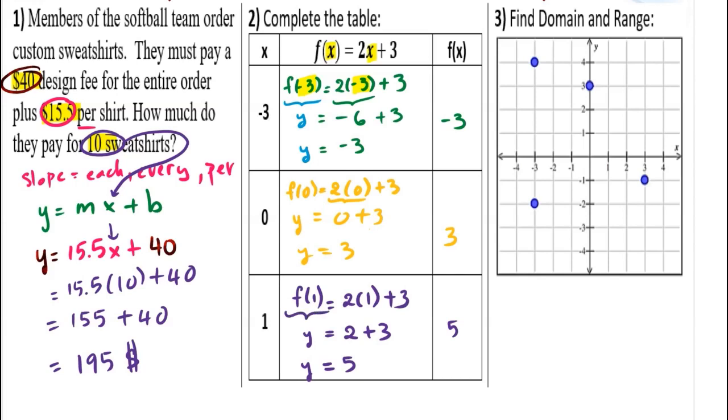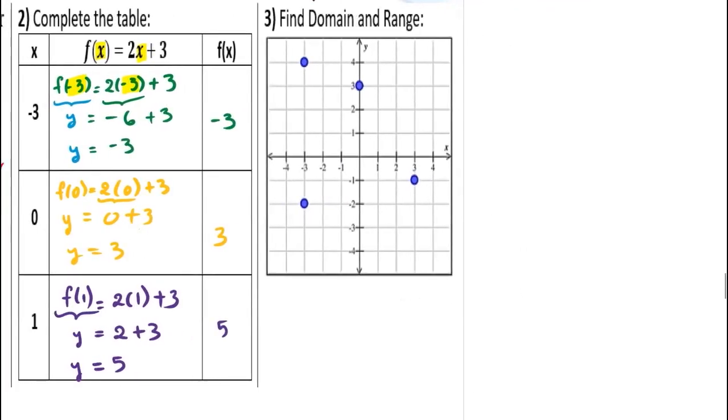Alright, now we're heading to the last problem, number 3. Find the domain and range of the points. I'm going to label them as points A, B, C, and D. The coordinate of point A is (-3, 4). A has x value -3, y value 4.